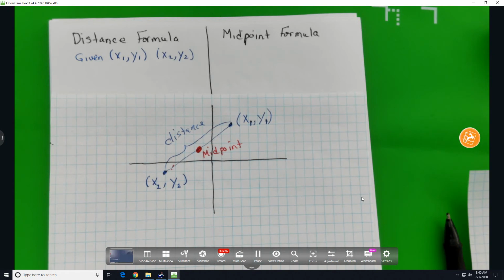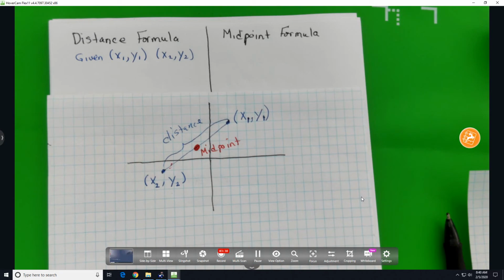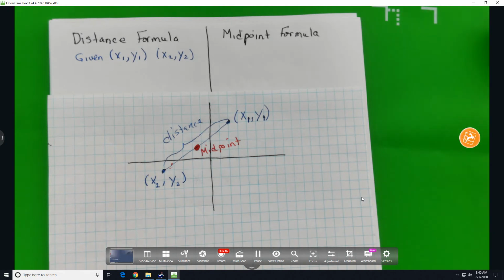It'd probably be better to say x subscript 1, y subscript 1, x subscript 2, y subscript 2, but I can't wrap my tongue around that. I always wind up really slurring it. That's why I just say x1, y1, x2, y2. Those are not squares. Those are subscripts. And here's the distance formula.